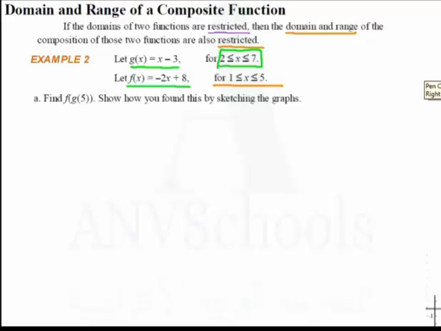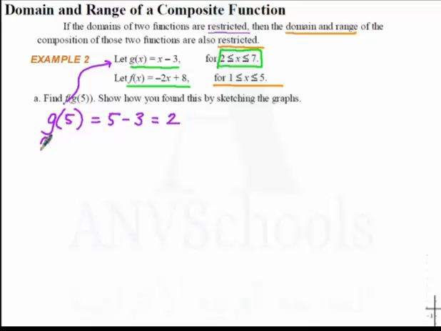Having learned how to get the values of g of x from the previous discussions, we have g of 5, which we are going to evaluate from this equation, g of x. So our g of 5 is equal to 5 minus 3, which is just equal to 2.